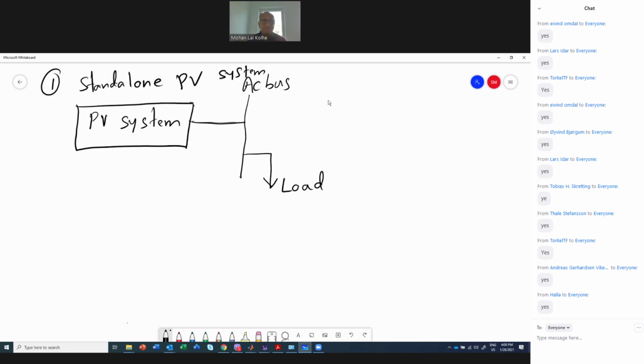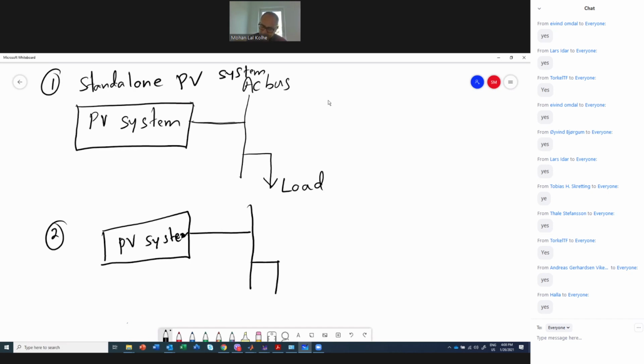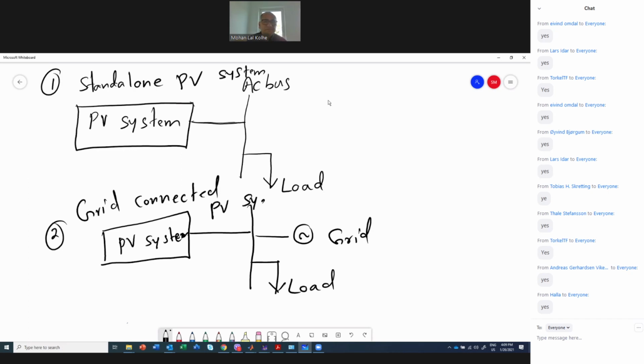And when you have the grid, here you have the grid, and then this is known as grid connected PV system.